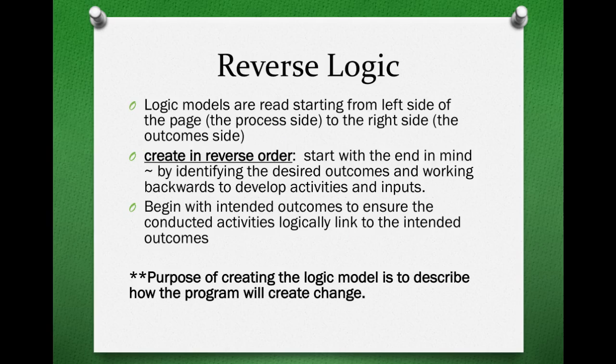You can create them in reverse order, and some people start on both ends. But once you've set your goal statement, you can start there from your far right. This is the impact. How am I going to get there? What do I need to do to get there? What do I need to start practicing? What do I need to learn? What activities do I need to do?